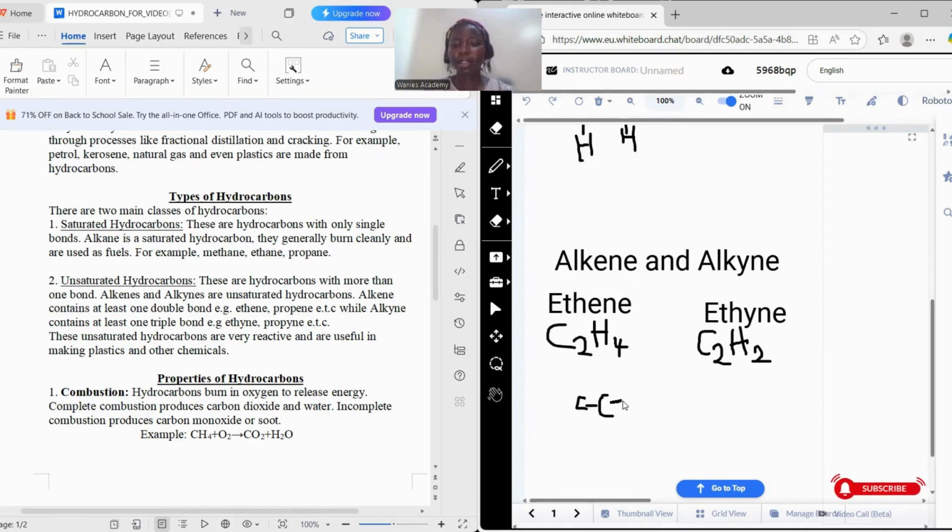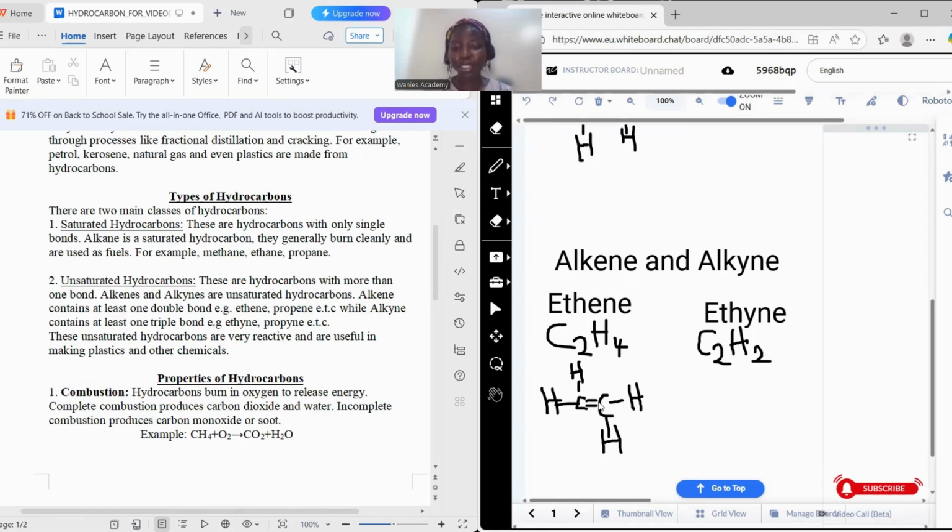So looking at the displayed formula of each of these hydrocarbons, we are left with C and H. This is a double bond. We have a double bond in ethene, which is this.